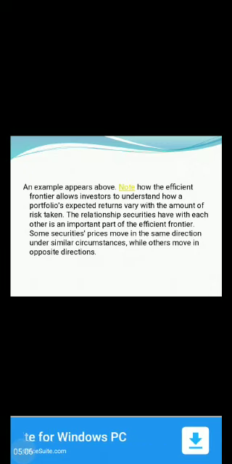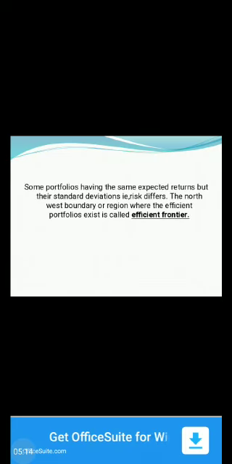So, here we explain about the efficient frontier graph, that investors will be choosing only the investments which are shown on the efficient frontier. Next, some portfolios have the same expected returns but their standard deviation, that is risk, differs.